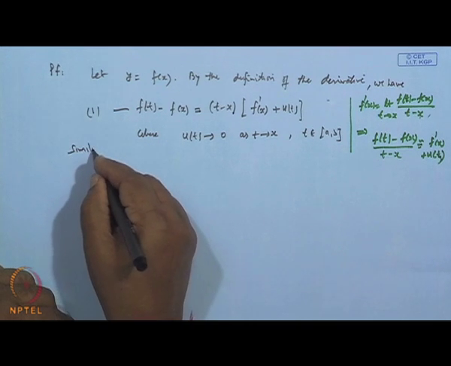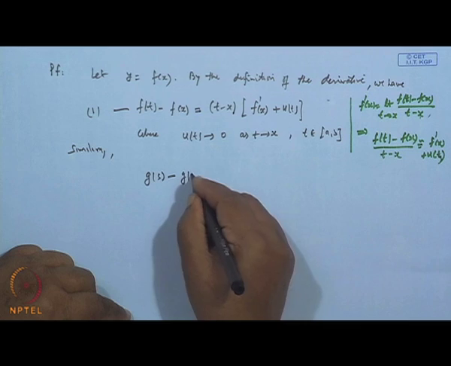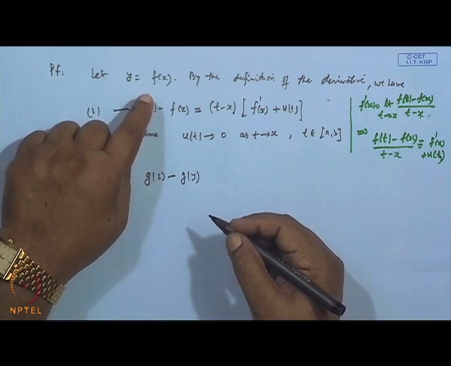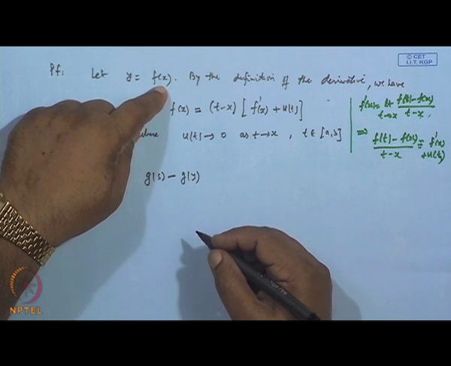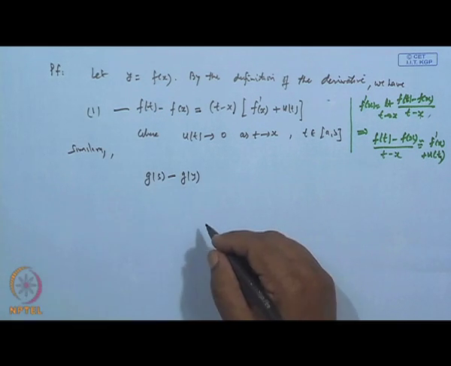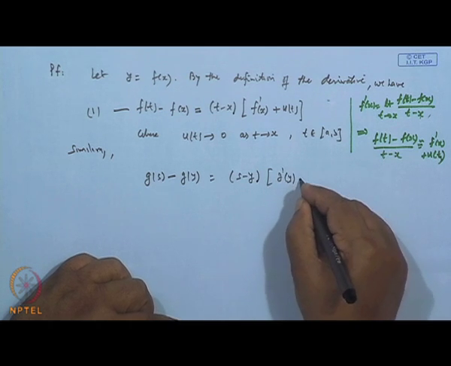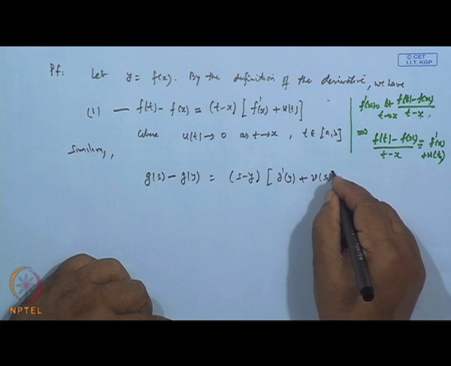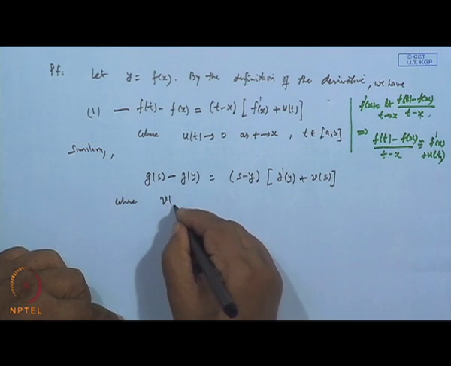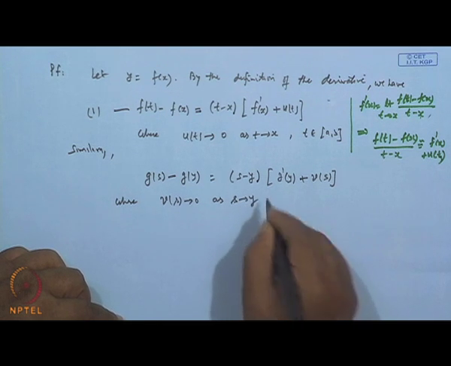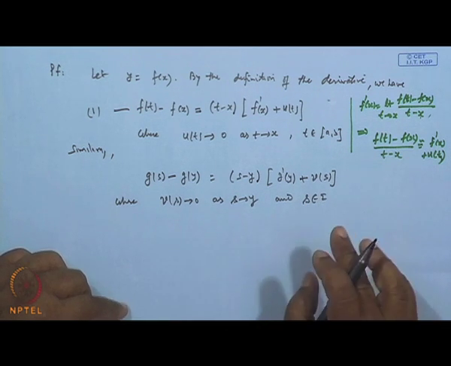Similarly, because g is differentiable at f of x, since f is continuous and differentiable at x, with y equal to f of x, we write g of s minus g of y equals s minus y into g prime of y plus a term v of s, where v of s goes to 0 as s tends to y, and s belongs to the interval I in which the range of f lies.